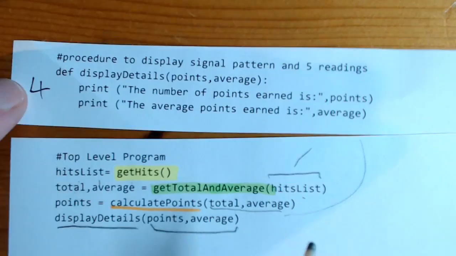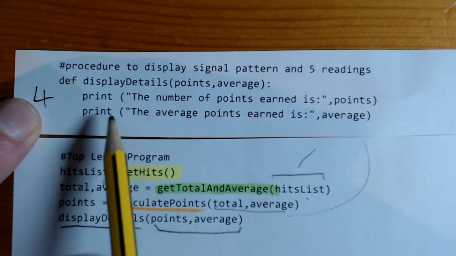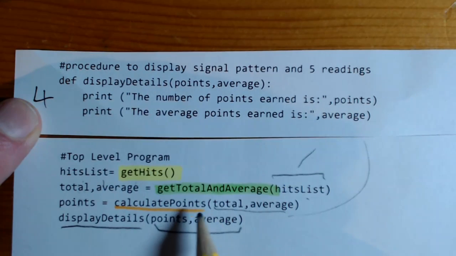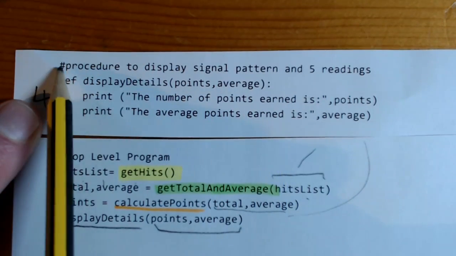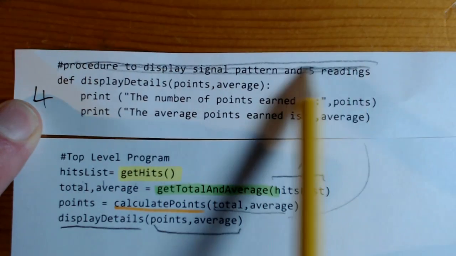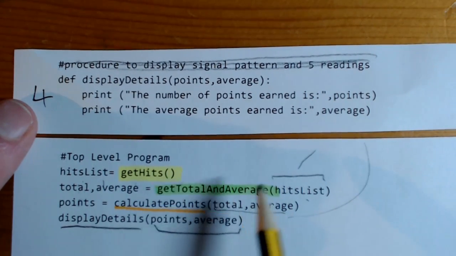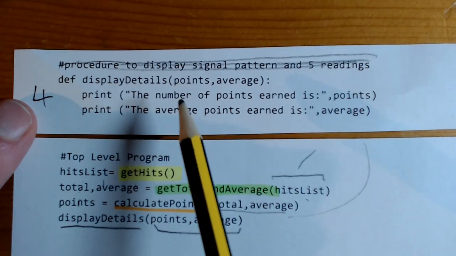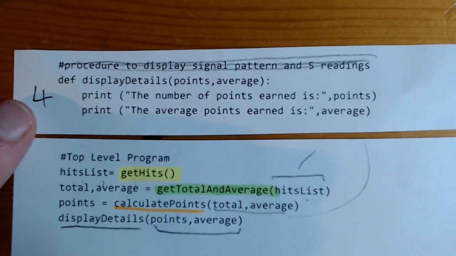So this is where it says define display details, and you have to display the points and display the average. This comment is just, I think, a spillover from example 4. So it displays the points, displays the average, and then that's the program done.